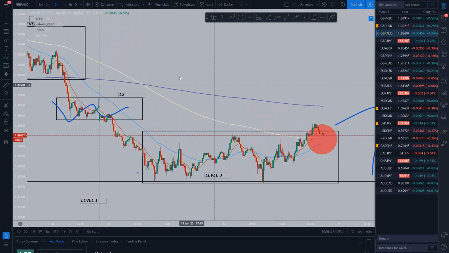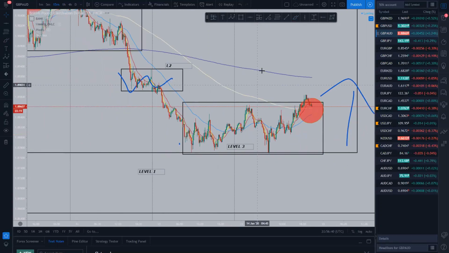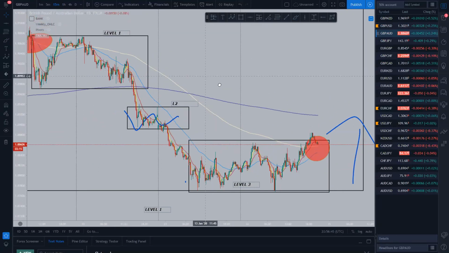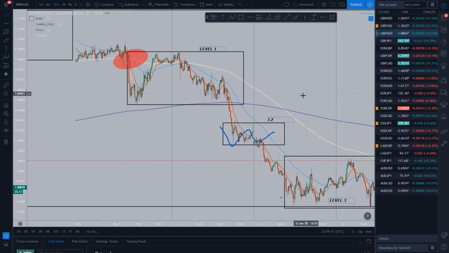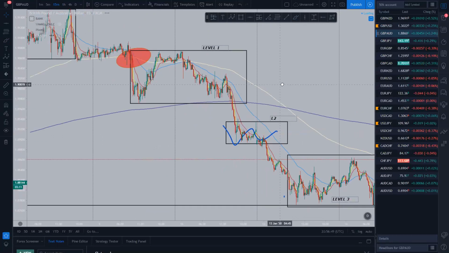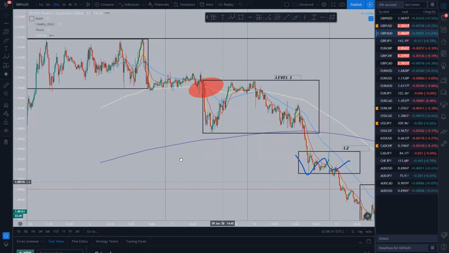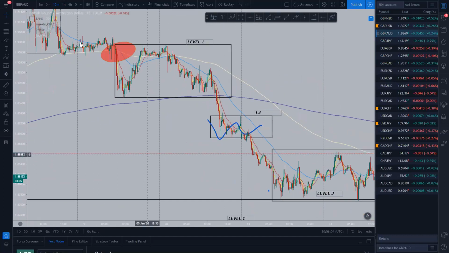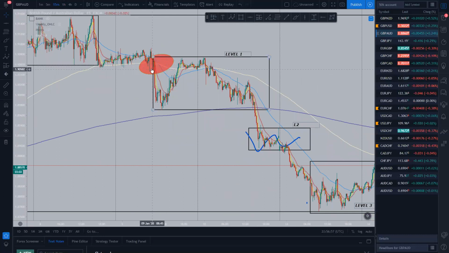So on the 15 minutes, what you're looking for is very simple. The reason why a lot of people like trading on the 15 minutes is because you have a lot more better confirmations that the levels are taking place, right? So we've had a clear level 1. The reason being is because we've had a 50 to 200 plus over on the 15 minutes.